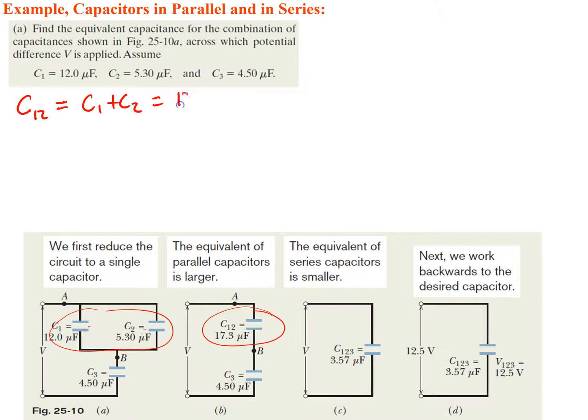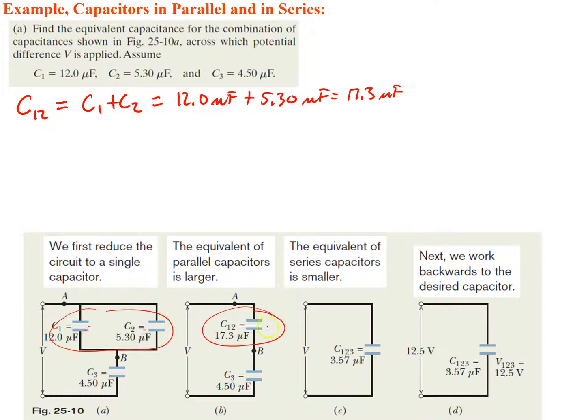Right, so that's just 12.0 microfarads, as given here, plus 5.3 microfarads. And that gets us 17.3 microfarads. All right, so now we're down to a circuit that has two capacitors, and they're both in series.